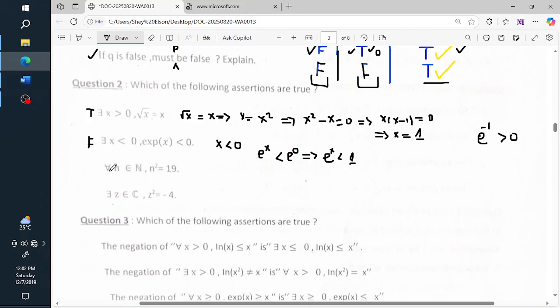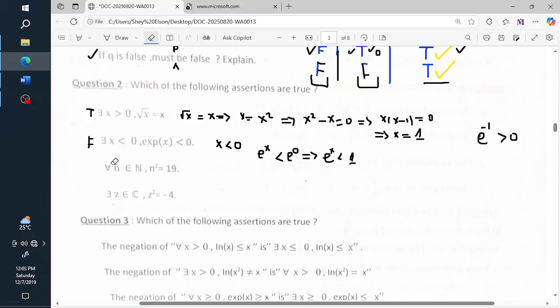Now this symbol means for every or for all. So for all n in the set of natural numbers, n squared is equal to 19. That assertion is false, because there is no number that when you square it gives you 19. Since they say for every, it means any natural number you square would give 19, which is false.